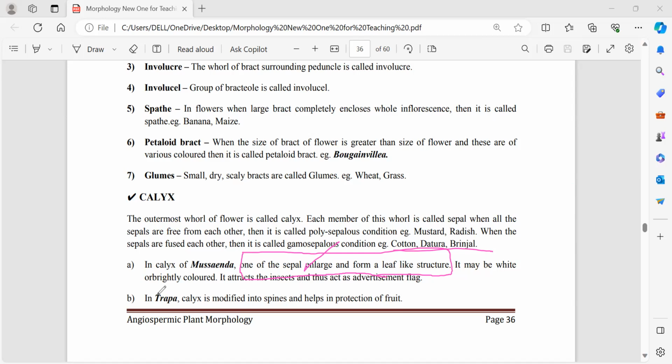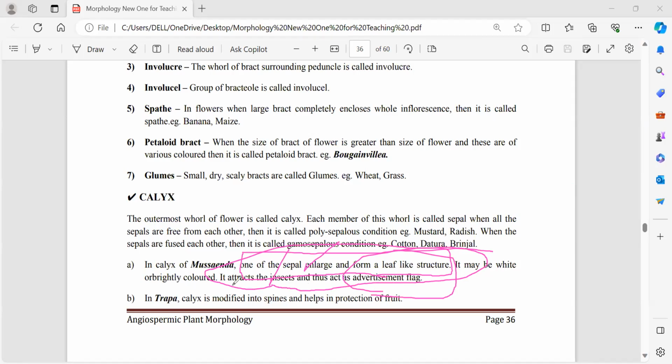It can be white or it can be brightly colored. It has attained the role of attracting insects, so it has become an agent of pollination. Thus, it serves as an advertisement flag.